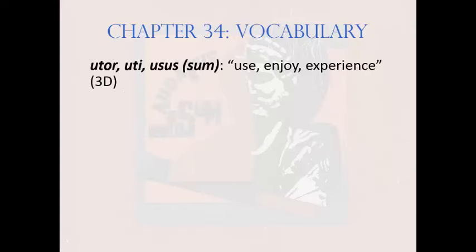sequentur. Here's another important third conjugation deponent, utor, uti, usus sum, meaning use, enjoy, or experience. Utor expects an ablative noun in place of an accusative object. That is, if you use something in Latin, the something will be in the ablative case.